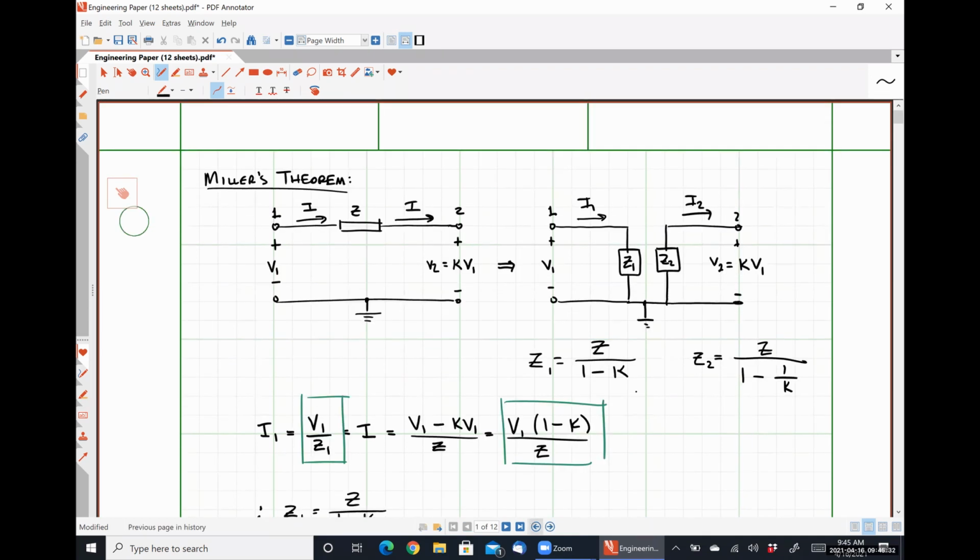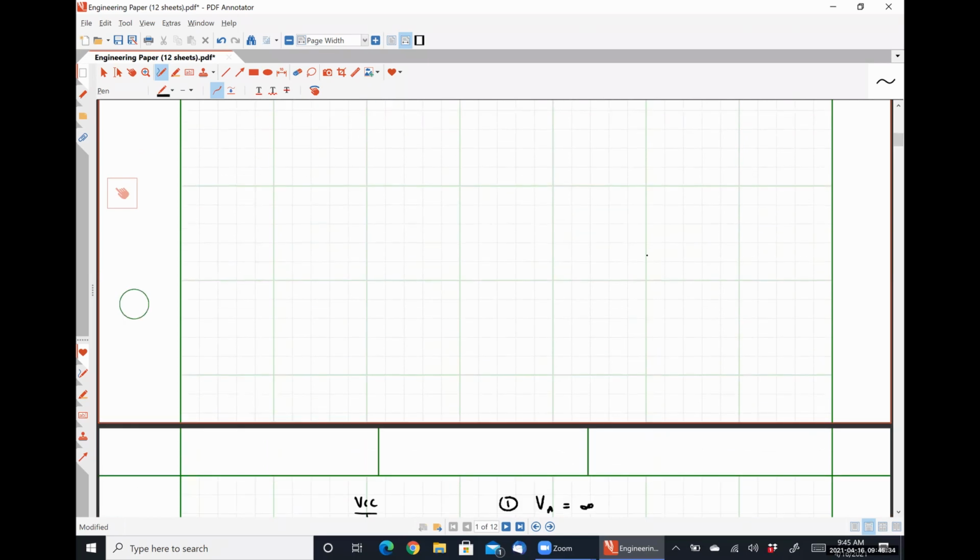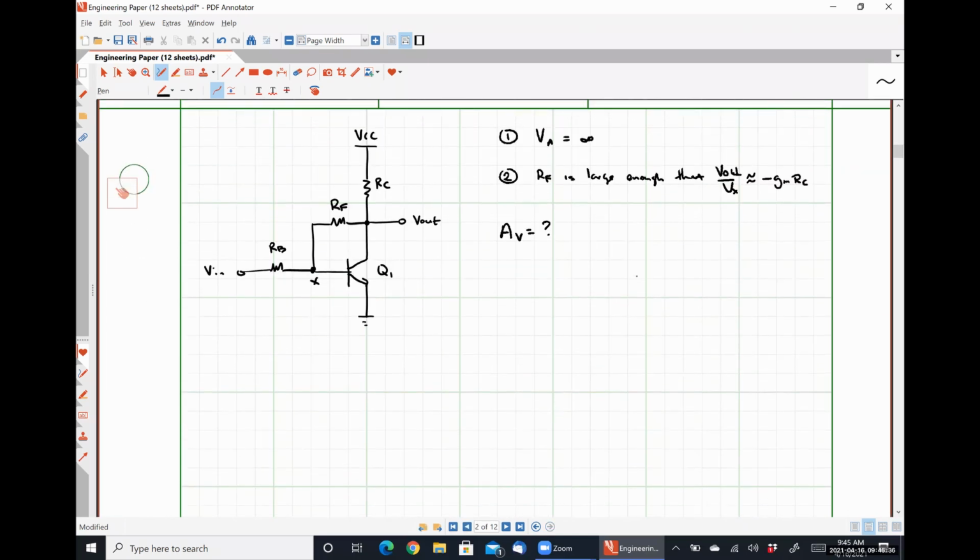So if I drew, without accidentally moving to the wrong page here, here's my input voltage. Here's my resistor RB. This is node X. R pi.